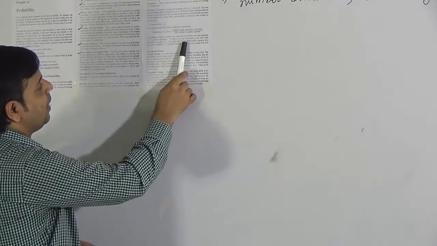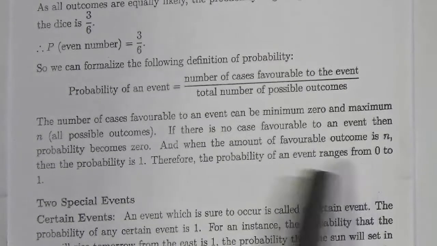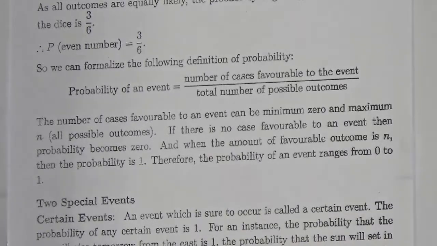And when the number of favorable outcomes is n, then the probability is 1. Therefore the probability of an event ranges from 0 to 1.